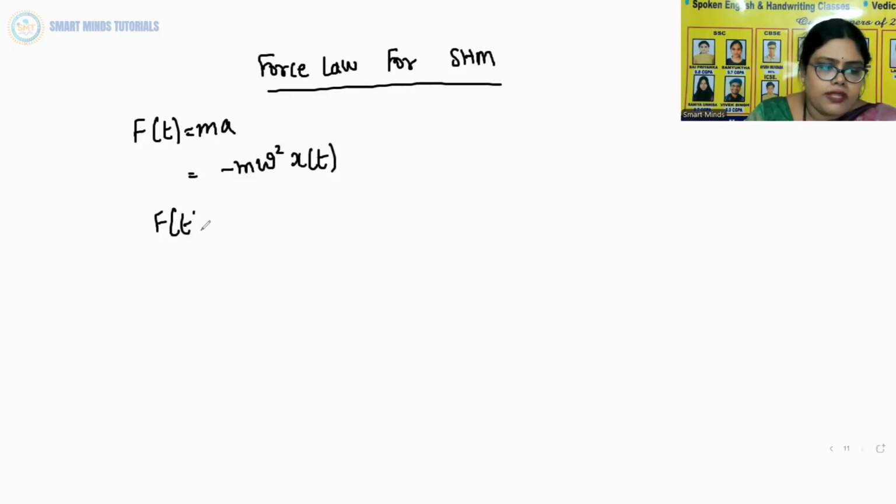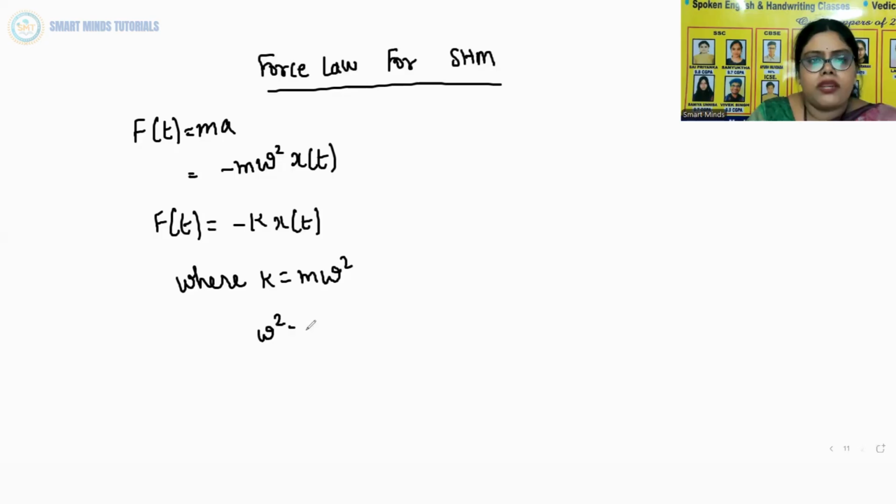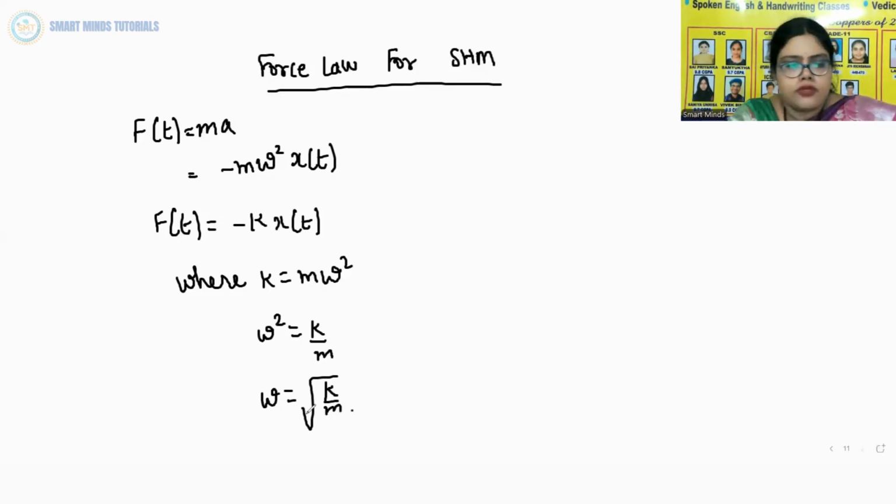So F of t is equal to minus k x of t, where k is a constant and k is m omega square. From here we can find omega square as k by m and omega as root over k by m. Like acceleration, force is always directed towards the mean position. Hence it is sometimes called the restoring force in SHM.